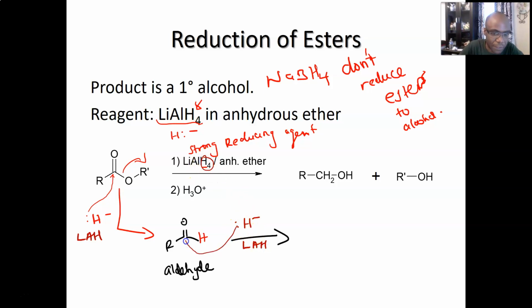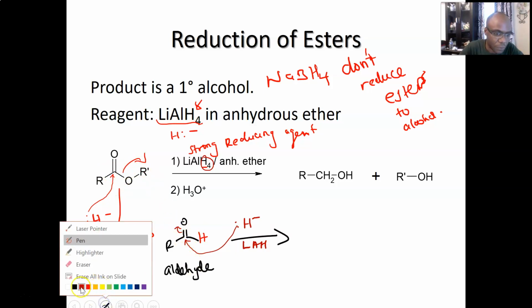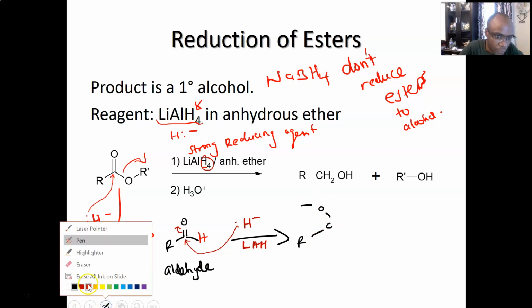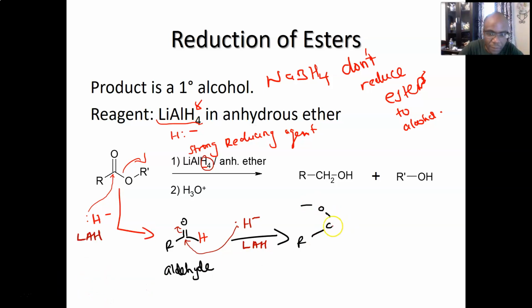So do the same thing. This time there's no leaving group. Here there was a leaving group. Here there's no leaving group. So if you do that addition, in summary you get O minus. Okay, and then that's the hydride that you just added, and this was the first hydrogen that you added.